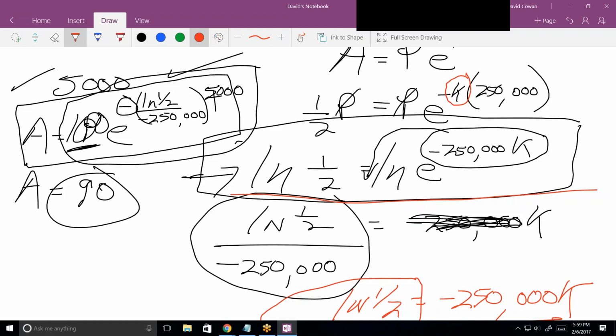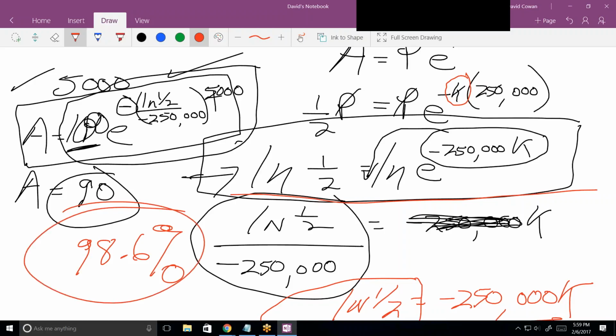But yeah, I suspect we know that it takes 250,000 years to lose half of its mass, right? So in only 5,000, what is it, 96%? 98.6. Person's average temperature. Interesting. Okay, so that's how much you're left with. And as to whether you want to use 100, it doesn't really matter.